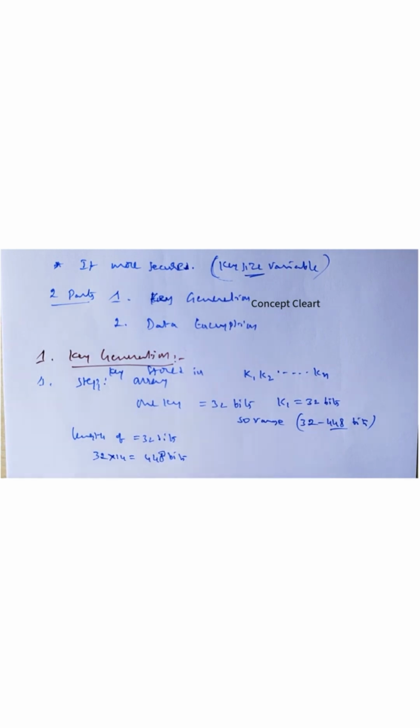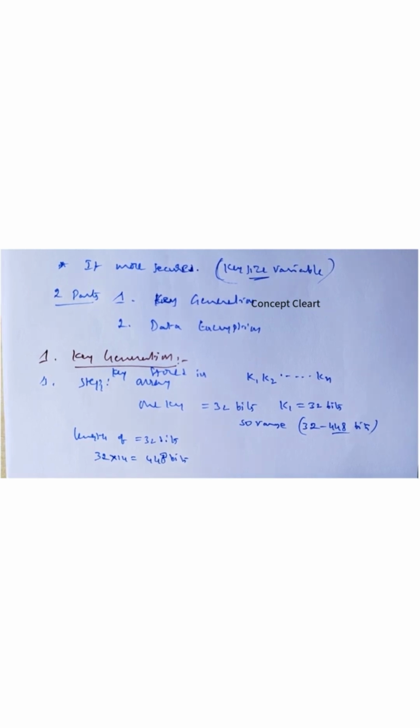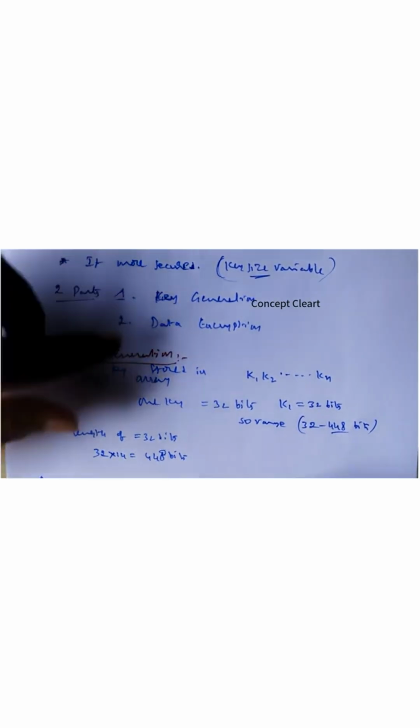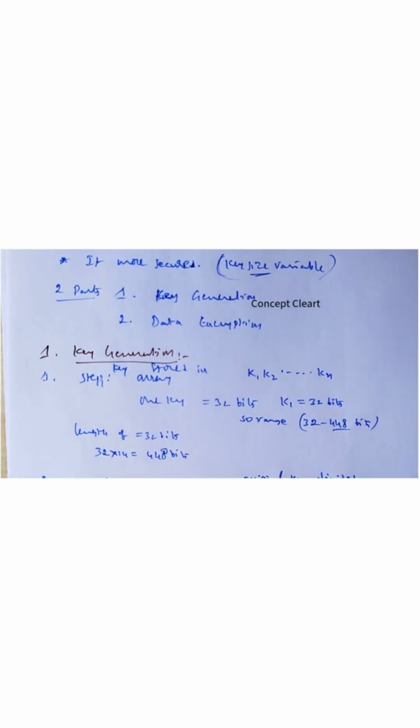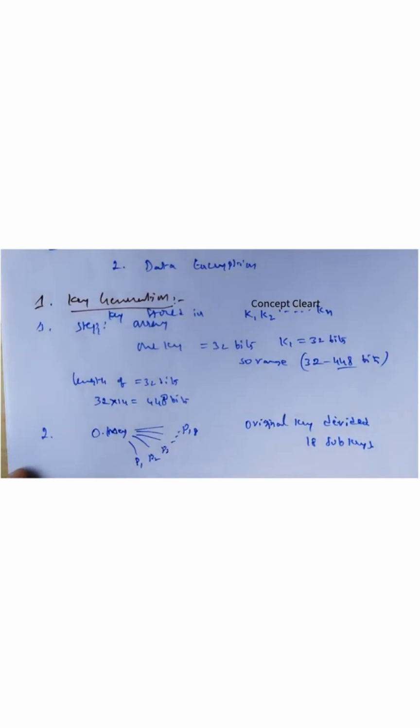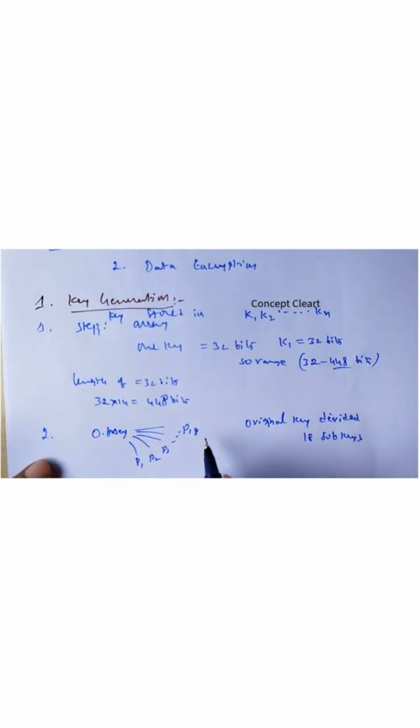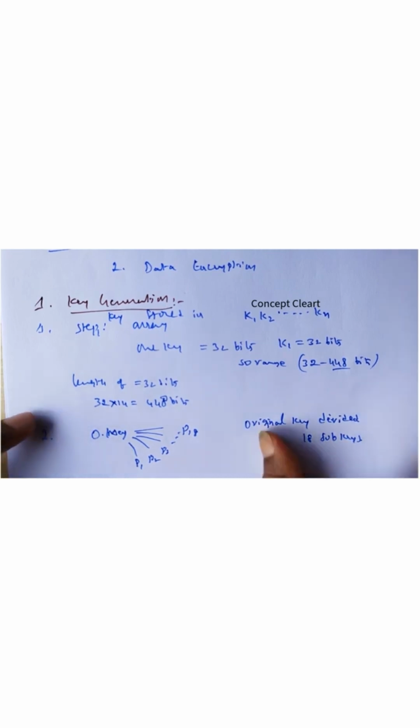Totally 18 subparts will be divided: the original key is divided into 18 subkeys like P1, P2, P3 up to P18. These 18 subparts are 18 words.